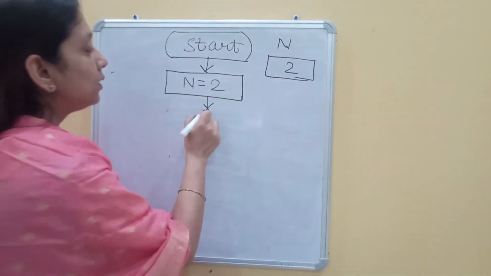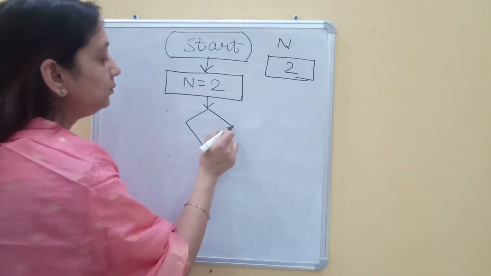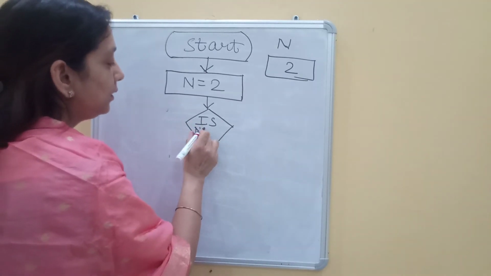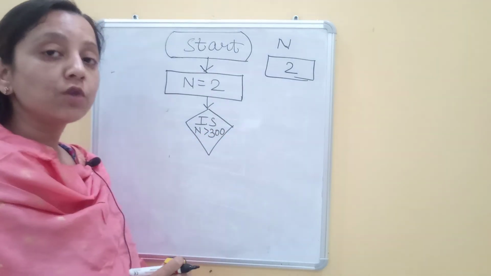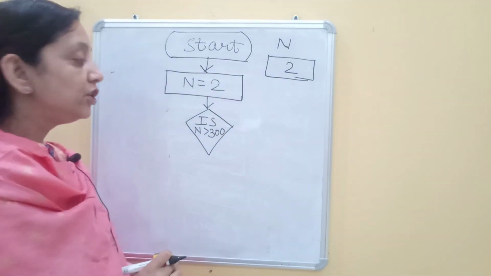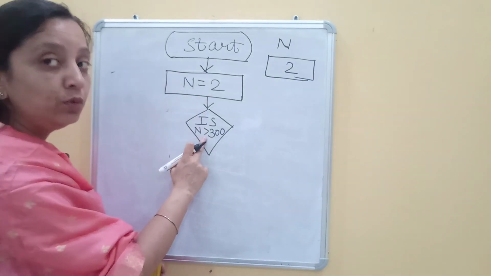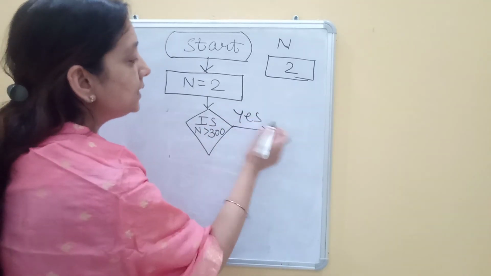Now, next what will I do? I will ask, is n greater than 300? Because what is the condition? List of only those even numbers which are less than 300. So at any point if n reaches a value which is greater than 300, if it is a yes, what will I say?